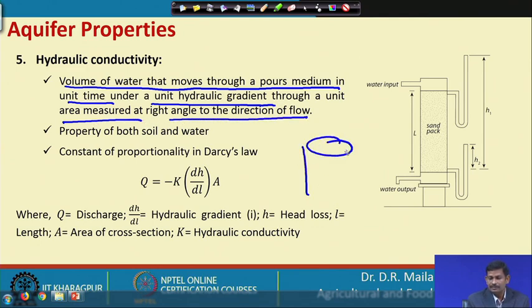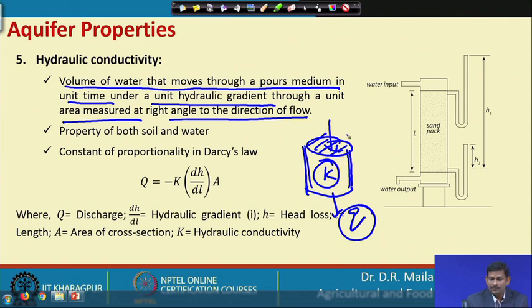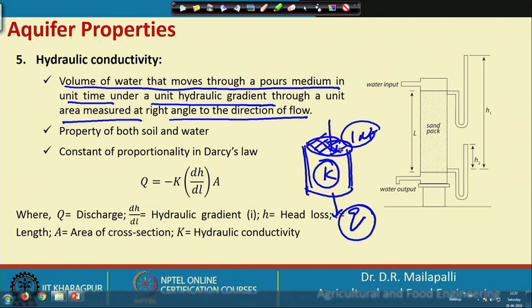If you have the flow measured here, Q, then the hydraulic conductivity K is equal to Q when it is measured through 1 meter squared, or 1 unit area of cross section, and under a unit gradient.